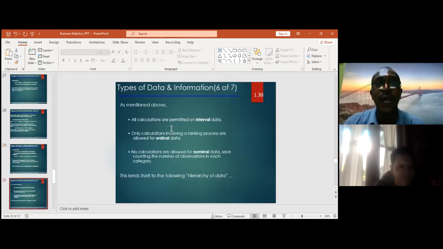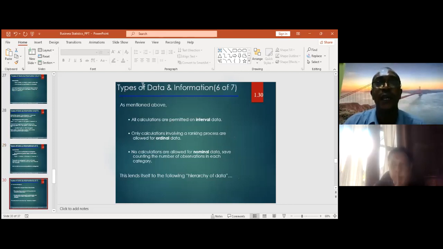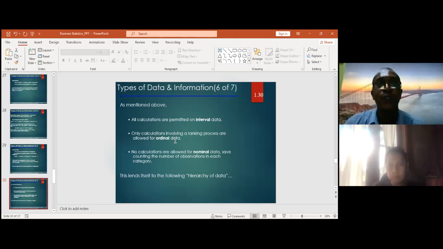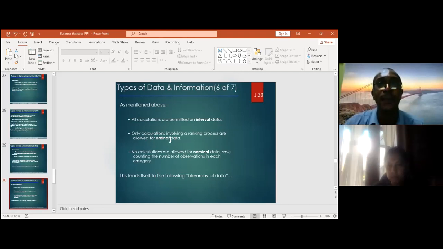So to summarize all what we have said about the types of data and information. As mentioned in the previous slides, all calculations are permitted on interval data. So that's the reason why it is considered to be the most preferred. Only calculations involving a ranking process are allowed for the ordinal data. For the ordinal data, we have seen the example, we can say excellent is more than very good.